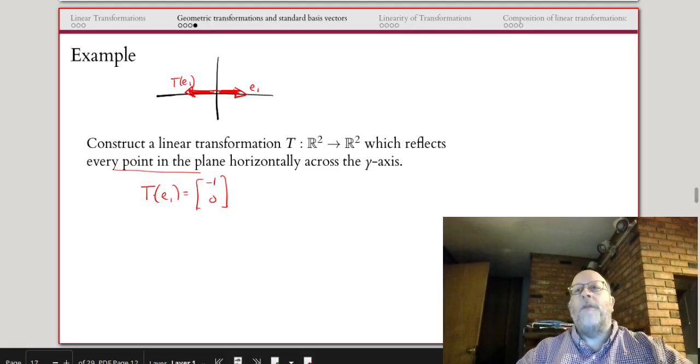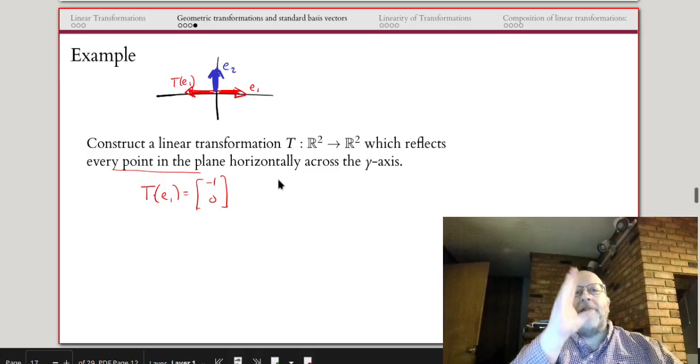Now if we start with the E2 vector, well, when we reflect this vector across the y-axis, it just stays in exactly the same place.